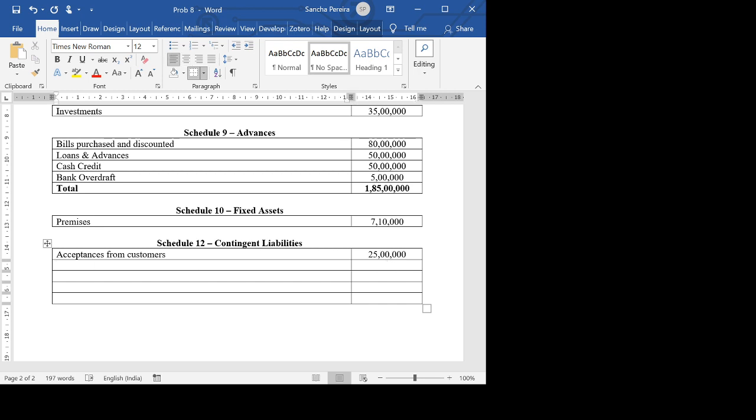Then there is also letters of credit issued. I think that's it. Yeah, there are two here. So the letters of credit issued are 2,50,000.